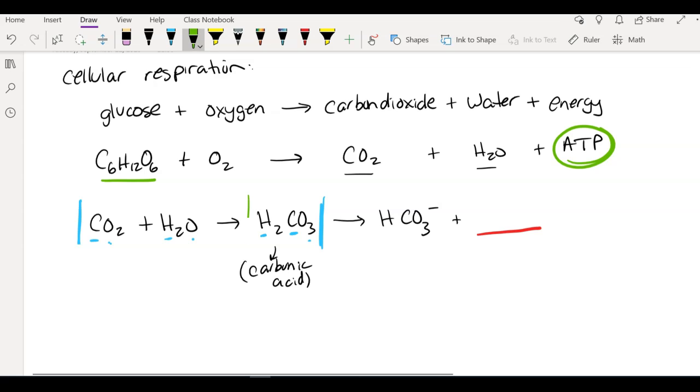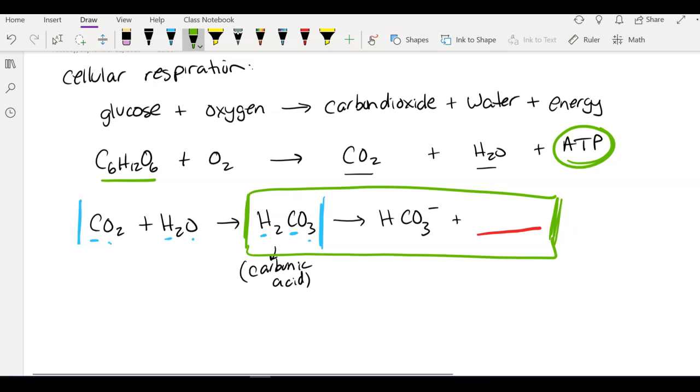And let's look at this equation from here to here in the green region. Okay, so we have two hydrogens over here, one hydrogen over here. That means that this guy here must be a hydrogen, because in order for us to have two hydrogens on this side of the arrow, we need to have two hydrogens on this side of the arrow.